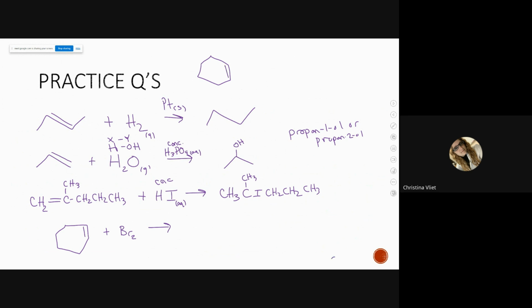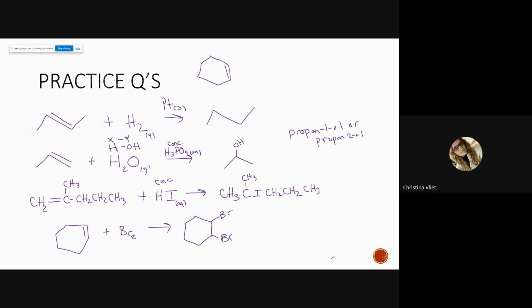I did better there. What does it make? This bond breaks and they have to go on directly. Ta-da! Now you have a glimpse of what your mini assessment looks like. So if you give the reactants, you need to give the products.